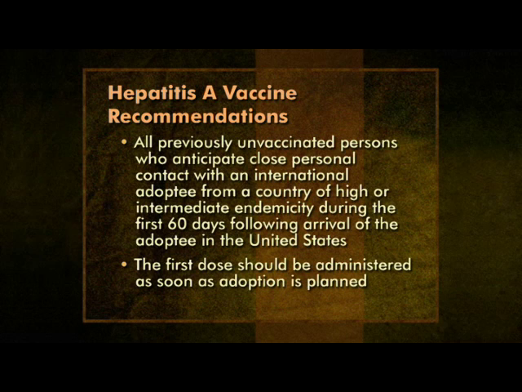ACIP now recommends vaccination for all previously unvaccinated persons who anticipate close personal contact, such as household contact or regular babysitting, with an international adoptee from a country of high or intermediate endemicity during the first 60 days following arrival of the adoptee in the United States. The first dose of the 2-dose hepatitis A vaccine series should be administered as soon as adoption is planned, ideally 2 or more weeks before the arrival of the adoptee.